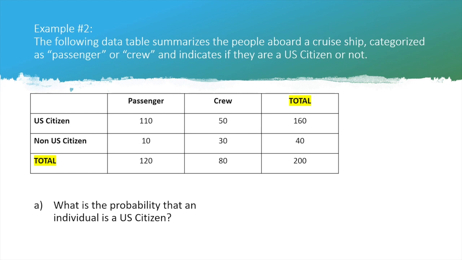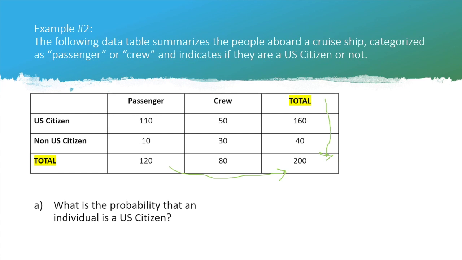So that's a total of 160 U.S. citizens and 40 non-U.S. citizens. And so when we add in our vertical direction this way, and when we add in the horizontal direction this way, we should get the same exact numbers, which all add up to 200. So that's nice because it's kind of a nice, easy number to work with.